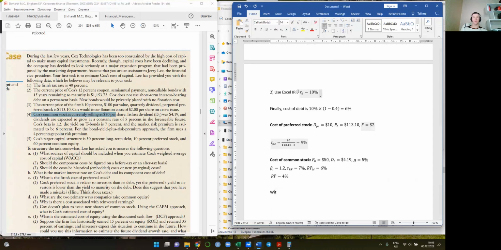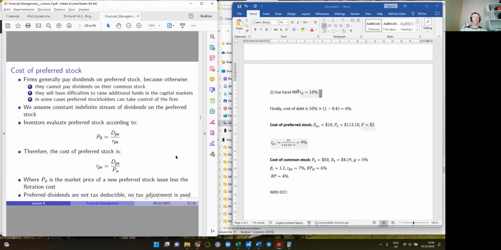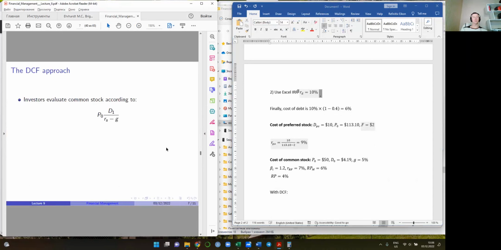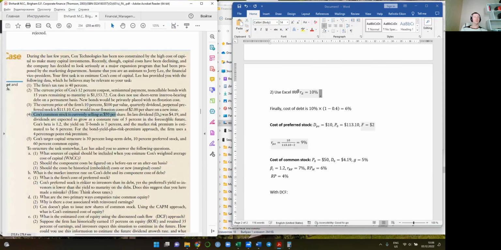So with DCF, the cost of common stock is, let's go to the slides and see how we do this. With the DCF, do we have anything about flotation cost of new stock?